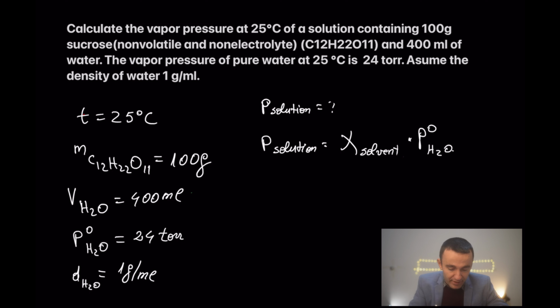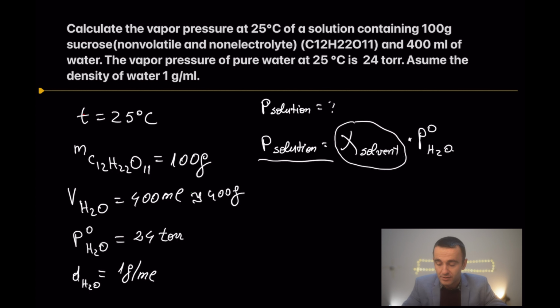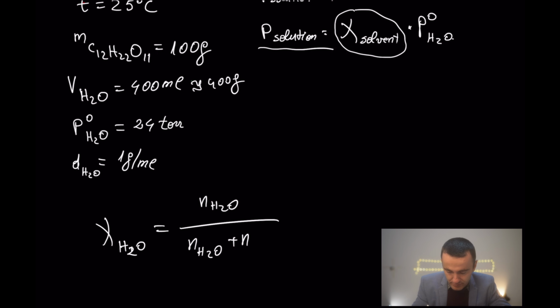First, starting with the density, which is 1 gram per milliliter, 400 milliliter of water is approximately 400 gram. So what do we need to find? We need to find the mole fraction for the solvent in order to find the pressure of the solution. In this case the solvent is water, so the mole fraction is equal to number of moles of water divided by number of moles of water plus number of moles of the sucrose.